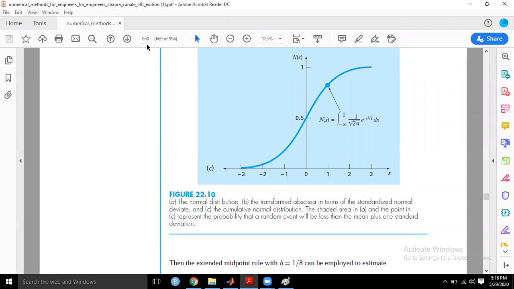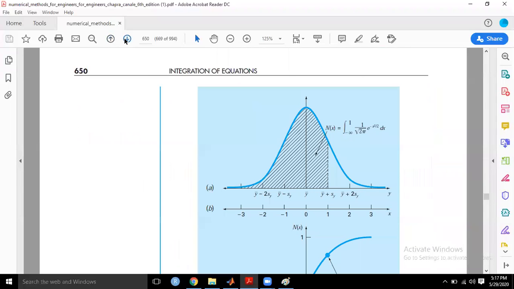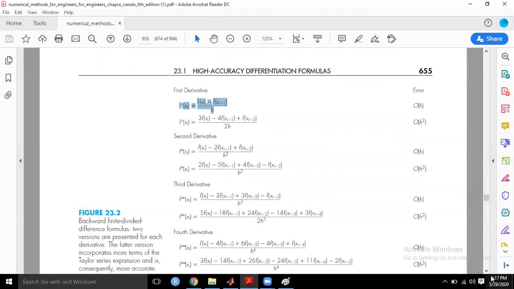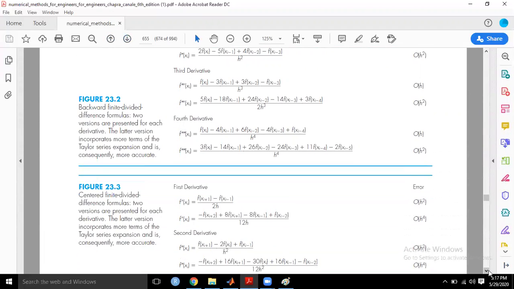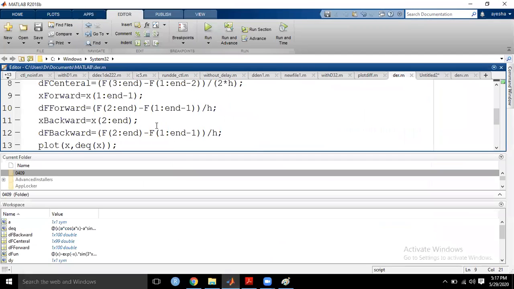Let us go to the formula. So for the central one, we have here xi plus 1 minus xi minus 1. So let me show you here how we have projected this in the M file. You can see here that for the central you have 3 minus 1 similarly, and then you can see here and minus 2.